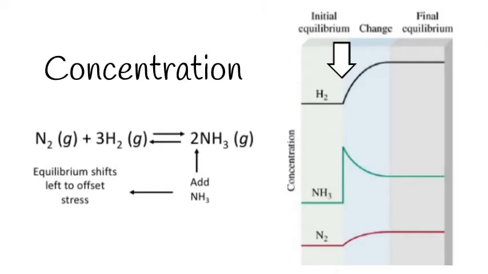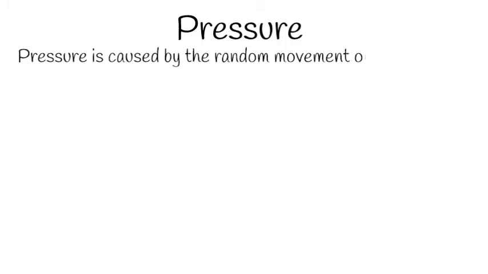The green graph of NH3 ammonia increases sharply, showing that that is the change we've imposed. And then as we move across to the right, we can see how the system responds. H2 and N2 increase as the equilibrium shifts to the left in response, and NH3 decreases as the equilibrium shifts left in response.